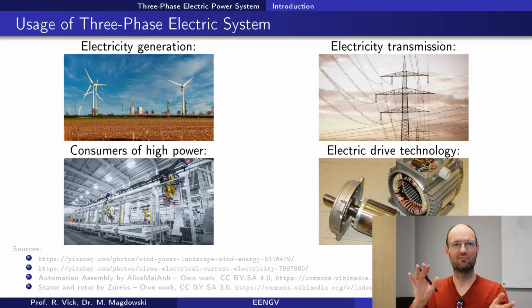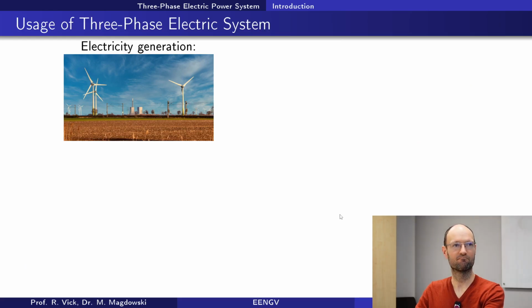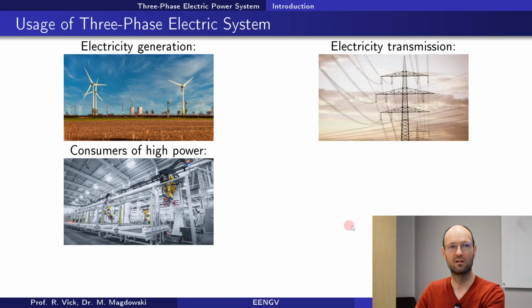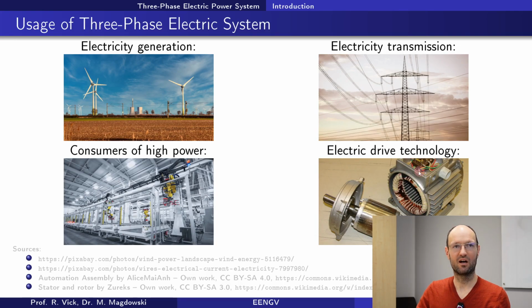Because yeah, there are also synchronous machines that really rotate with the very same speed as our three-phase system, and there are asynchronous machines that rotate, let's say, slightly slower than our three-phase system, because they need this slip, this difference between the outer field.